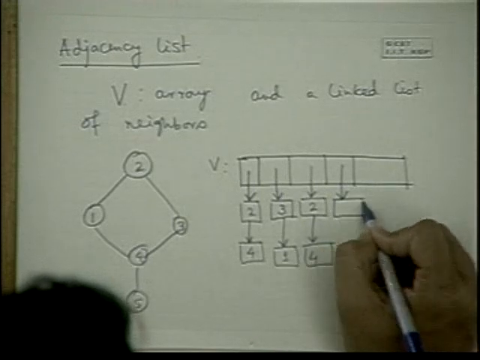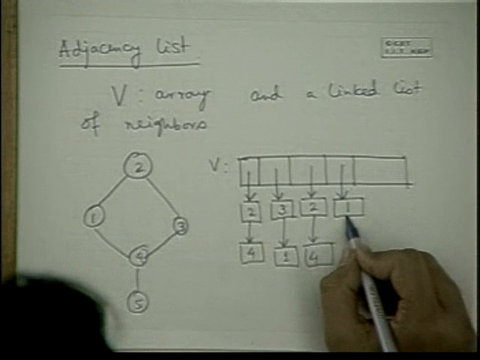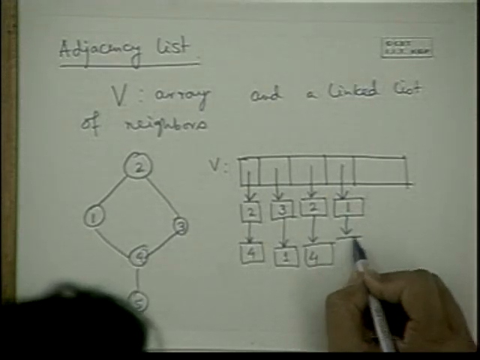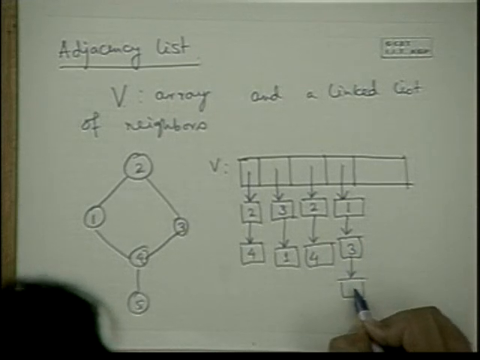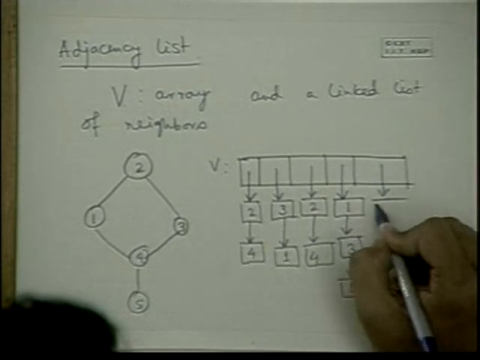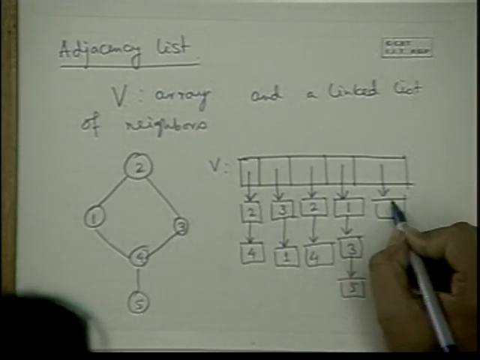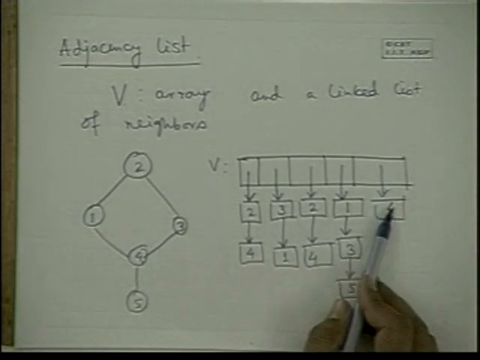V4 will point to 1, this will point to 3, and then this will point to 5. Similarly, V5 will point to only the single one, which is 4. So this will be the representation of this graph with the adjacency list data structure.